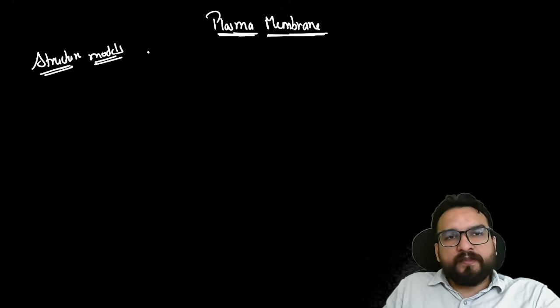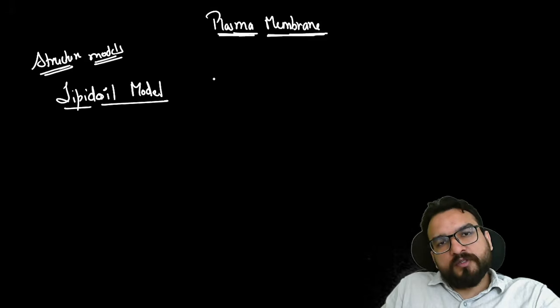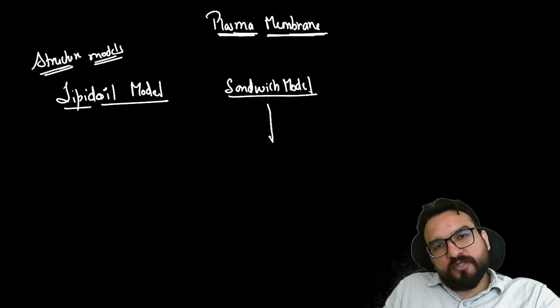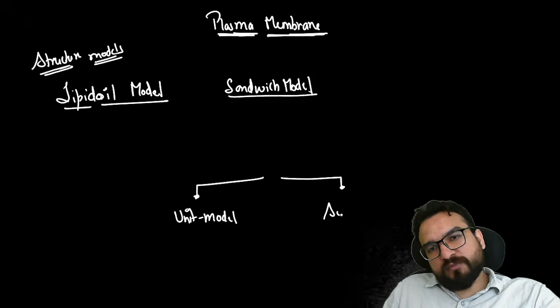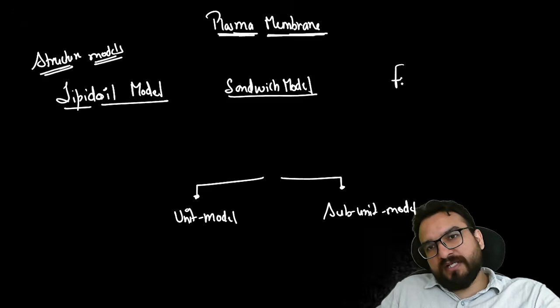So these models are the lipoidal model, you will find one sandwich model, and under the sandwich model there are two models: one is the unit model, and one is the subunit model, and one last, that is the fluid mosaic model, guys.